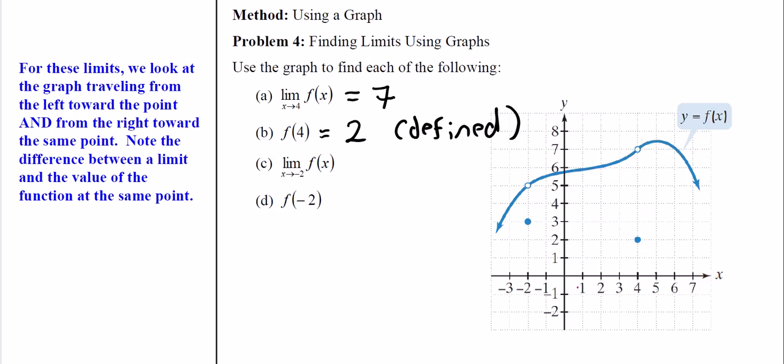What about as we approach negative 2? Well, from the left, as we're going closer to negative 2, I'm getting closer to this value of 5 over here. And the same thing as I'm coming from the right, I'm getting closer and closer to 5. So, we're driving on this freeway, we're expecting to get to this city.